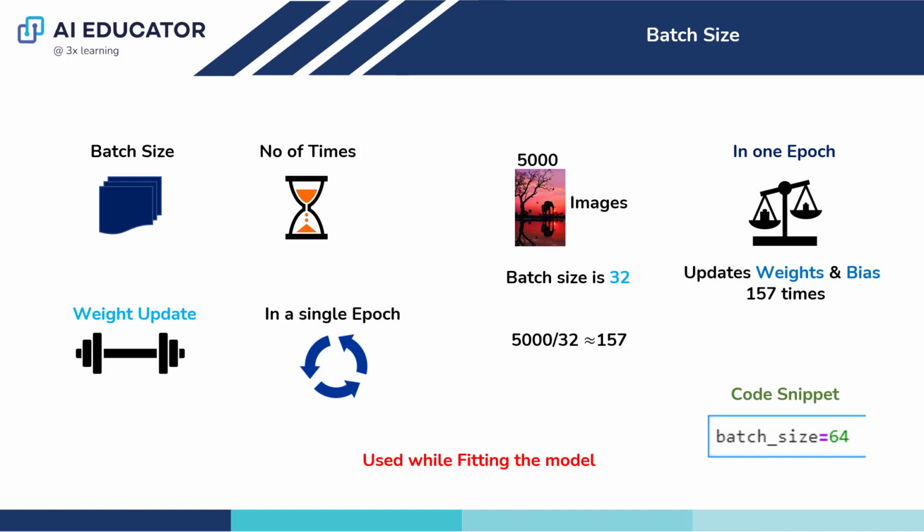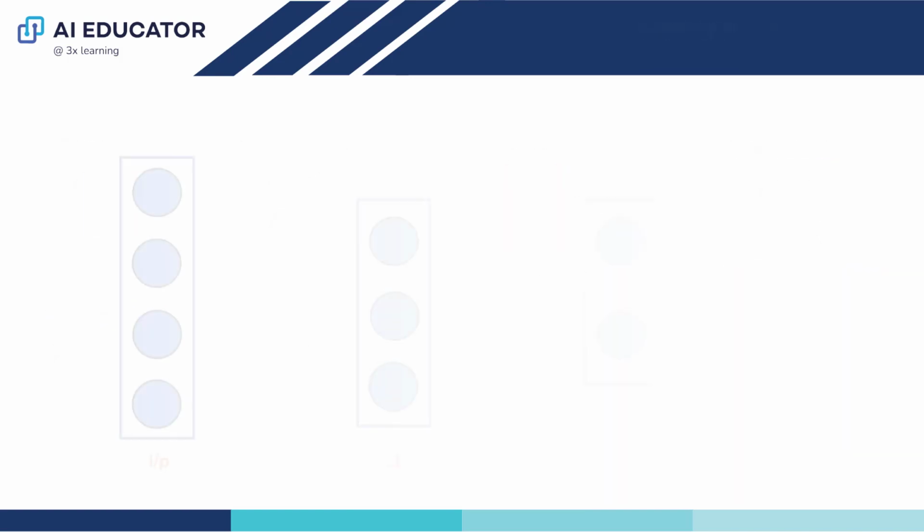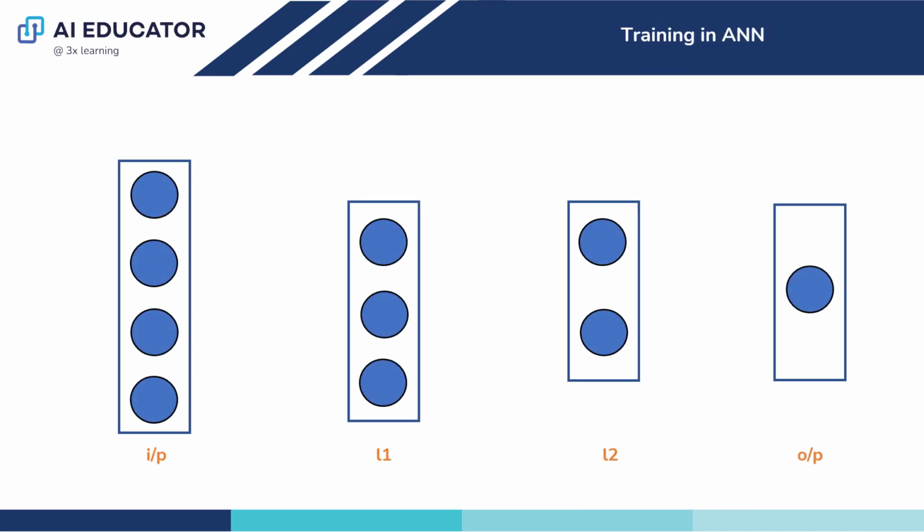Now, let us look into the training in the artificial neural network. As we have discussed earlier, the data is sent through the input layer. Let us consider it as X, and we have the weight W1 for that layer. The cumulative sum of the input and weight will be sent as an input to the first hidden layer, and it will give us some output.